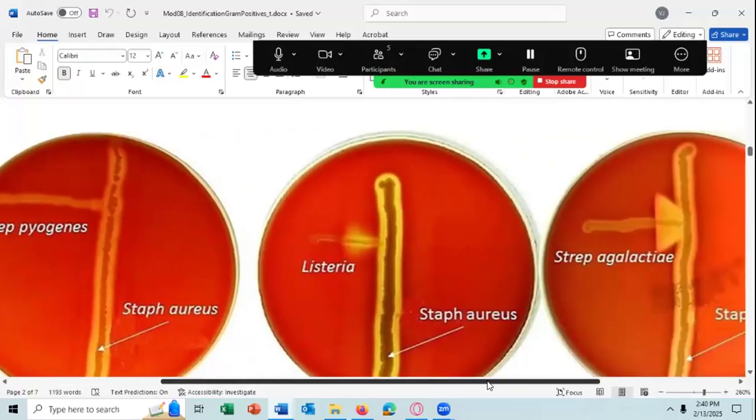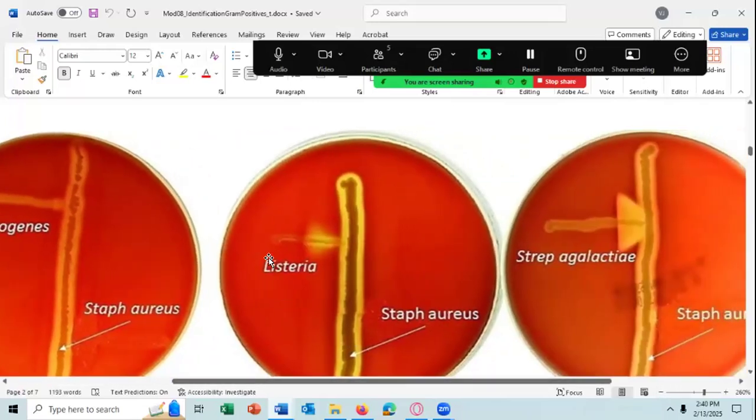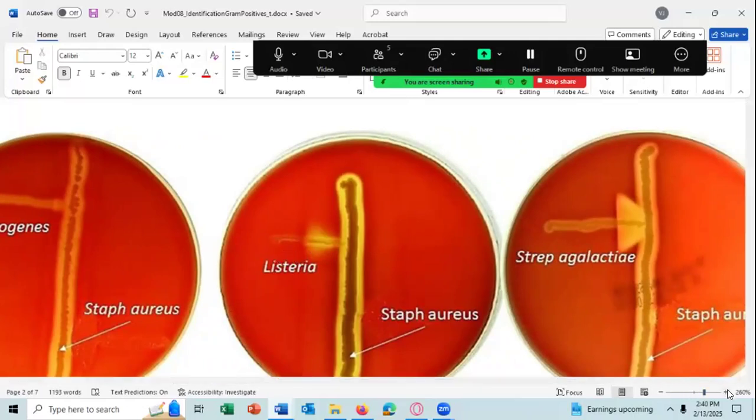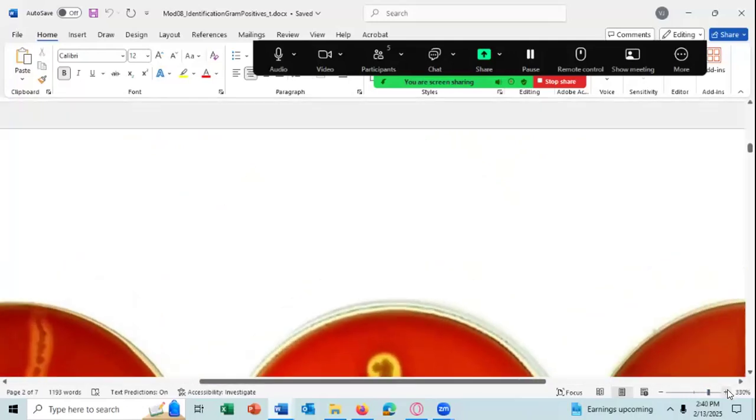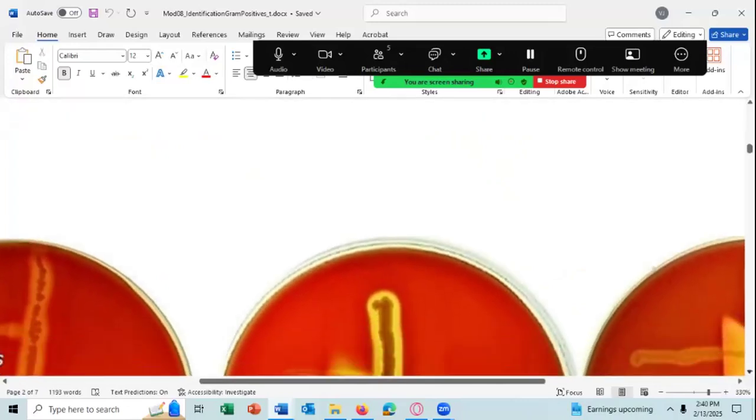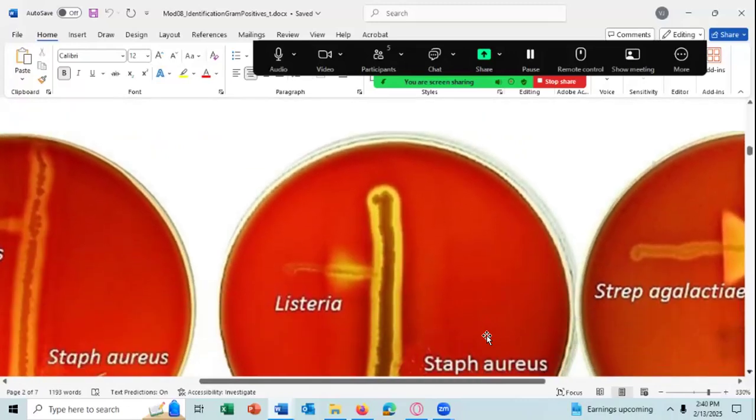Then when we look at Listeria, you can see slight enhancement of hemolysis where there's a little arrow from the enhanced hemolysis of Listeria. And once again, you have to blow that way up to see that Listeria is beta hemolytic. You can barely see it.